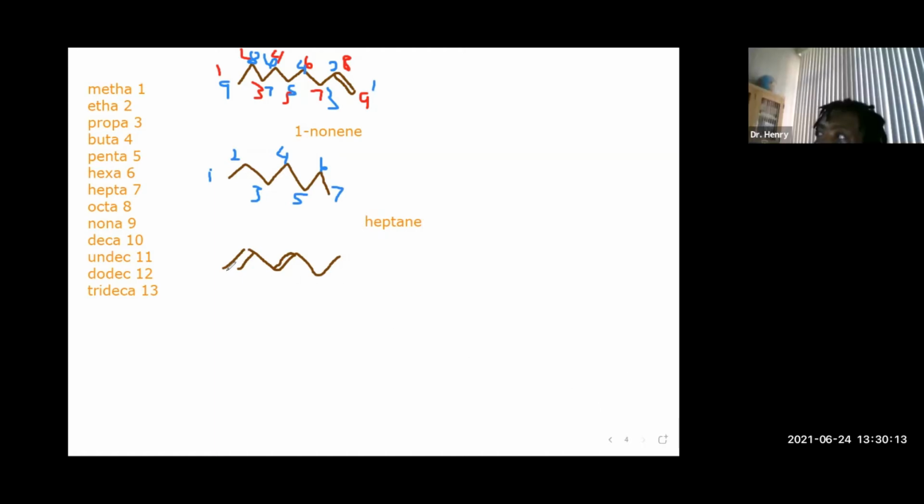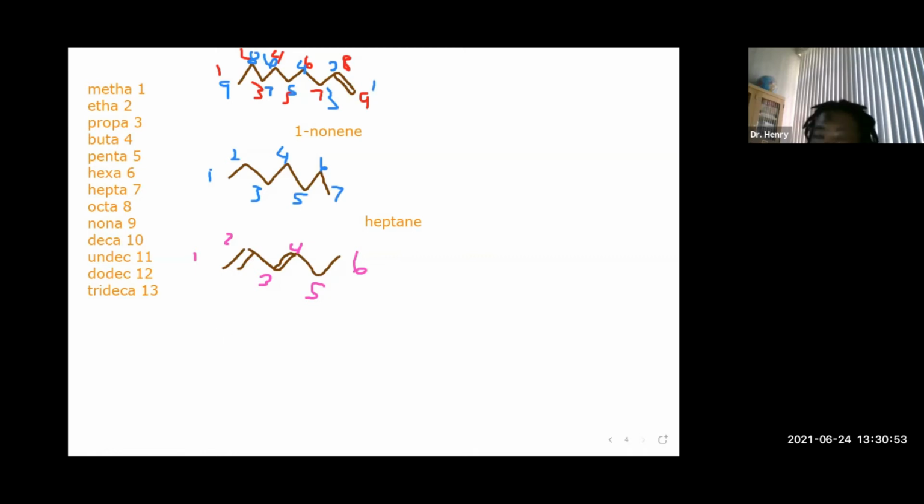Okay, so this third one, although it doesn't look like it, you have 2 double bonds. So if we do our counting, we have 1, 2, 3, 4, 5, 6. Okay, now there's 2 double bonds. So when there's 2 double bonds, we have to say where each of those double bonds are located.